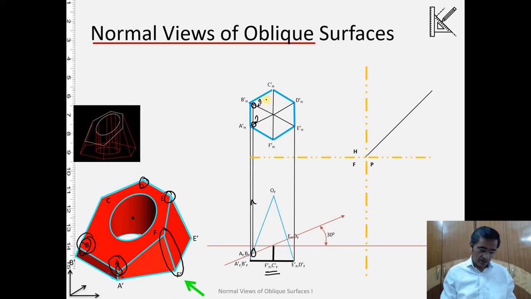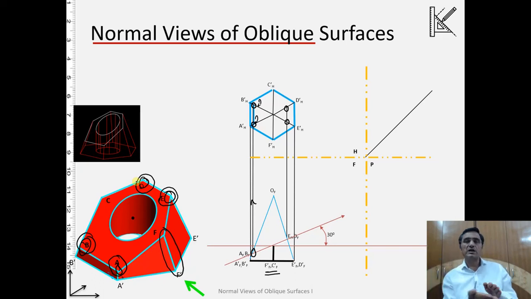Similarly, if I draw another projector, the points corresponding to these two will be this point E and D on the inclined plane, on the oblique plane.